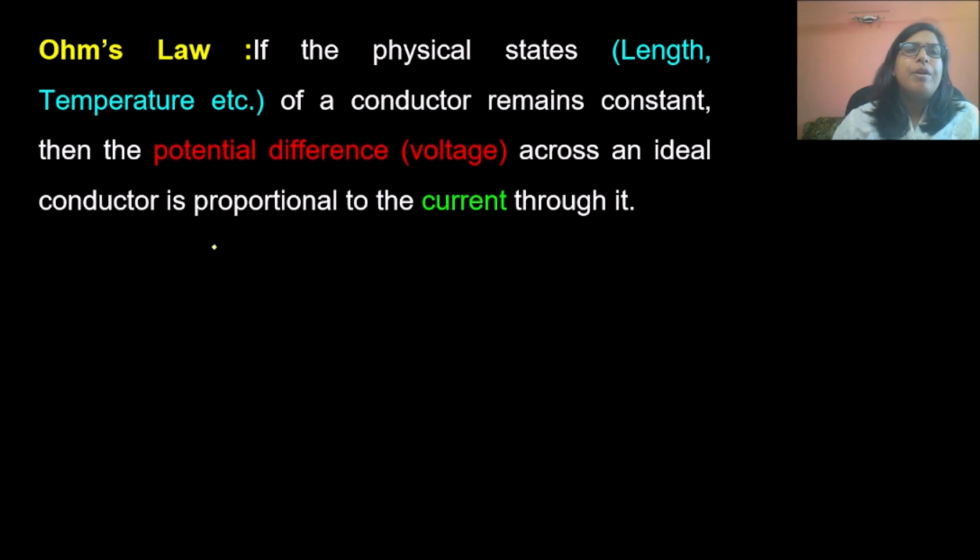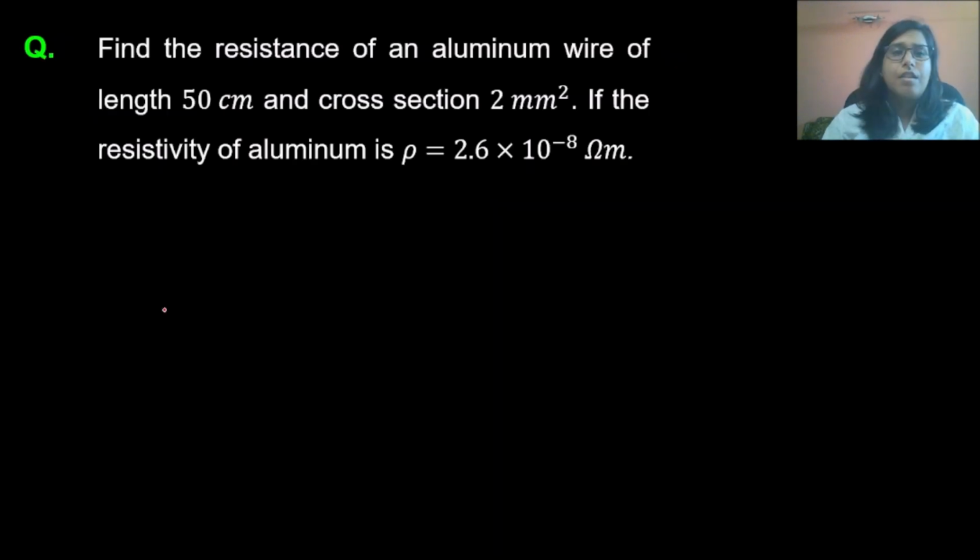So this is the statement for Ohm's law. If the physical state, length, temperature, etc. of a conductor remains constant, then the potential difference across an ideal conductor is proportional to the current flowing through it. Now in this question we are asked to find the resistance of an aluminium wire of length 50 cm and cross section 2 mm square, if the resistivity of aluminium is given as 2.6 into 10 raised to power minus 8 ohm meter.